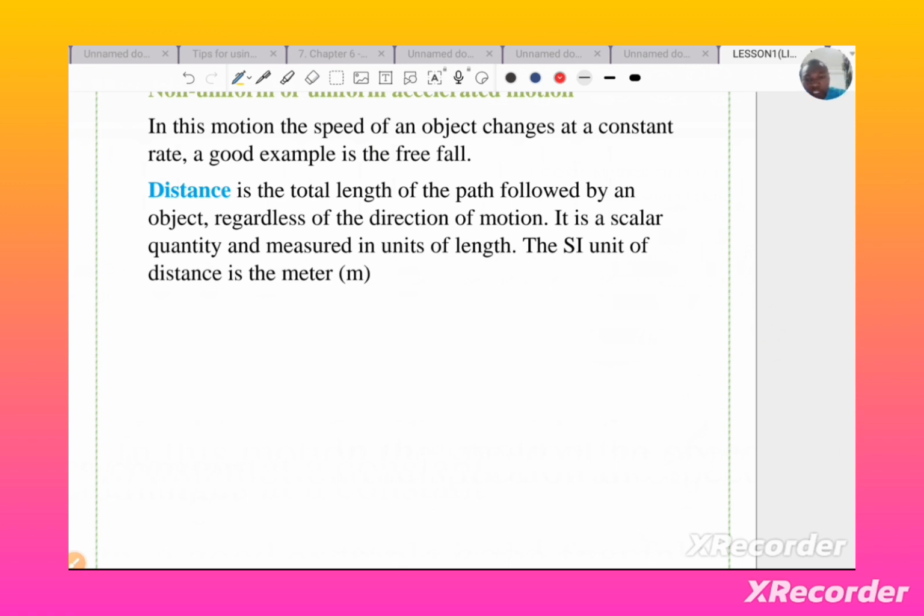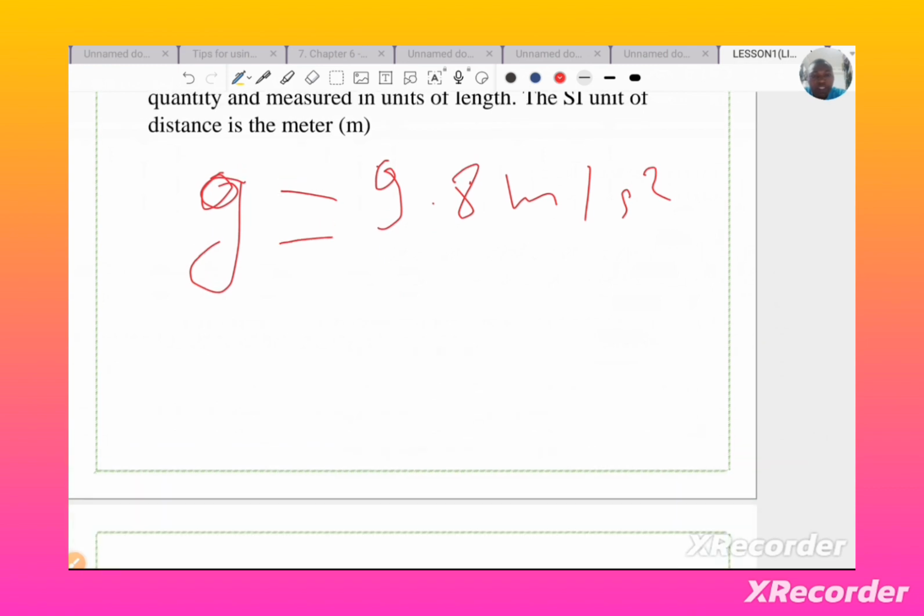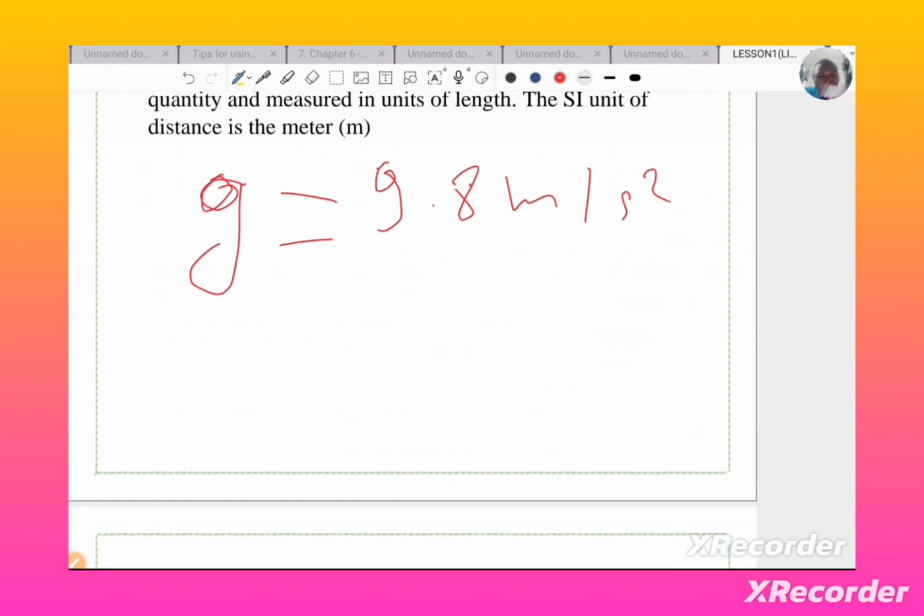you know that acceleration due to gravity, which is g, is equal to 9.8 meter per second squared. It means in each second, when a body is falling, the speed is increasing by 9.8 meter per second.